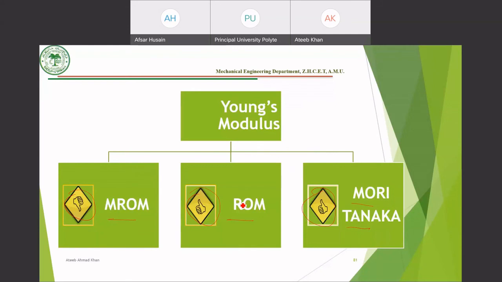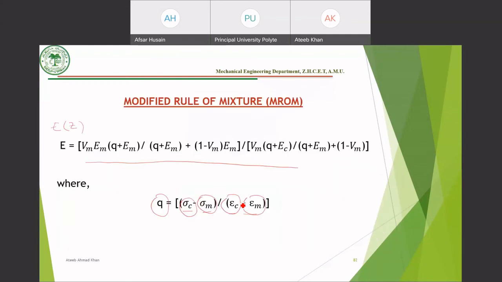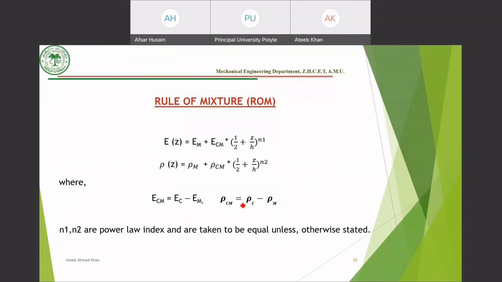Coming to the second type of method, which is the rule of mixture. With the help of the rule of mixture, this is how you are going to calculate the Young's modulus and the density, wherein the Young's modulus is equal to the Young's modulus of metal plus Ecm, the Young's modulus of ceramic minus metal, into the volume fraction of the ceramic.